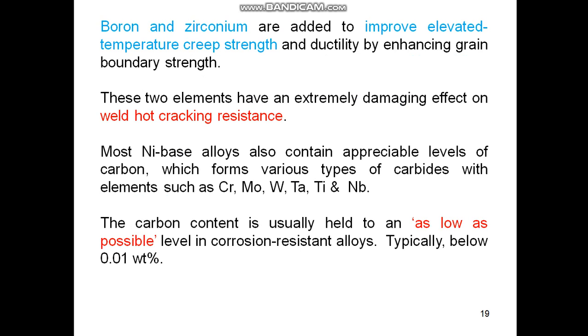And most nickel based alloys containing alloying elements like chromium, molybdenum, tungsten, tantalum, titanium, and niobium are most of the time carbide formers. That is why carbon content is kept as low as possible in corrosion resistant alloys. When alloys are designed for corrosion resistance applications, we have to make sure that the level of carbon is below 0.01 percent by weight.